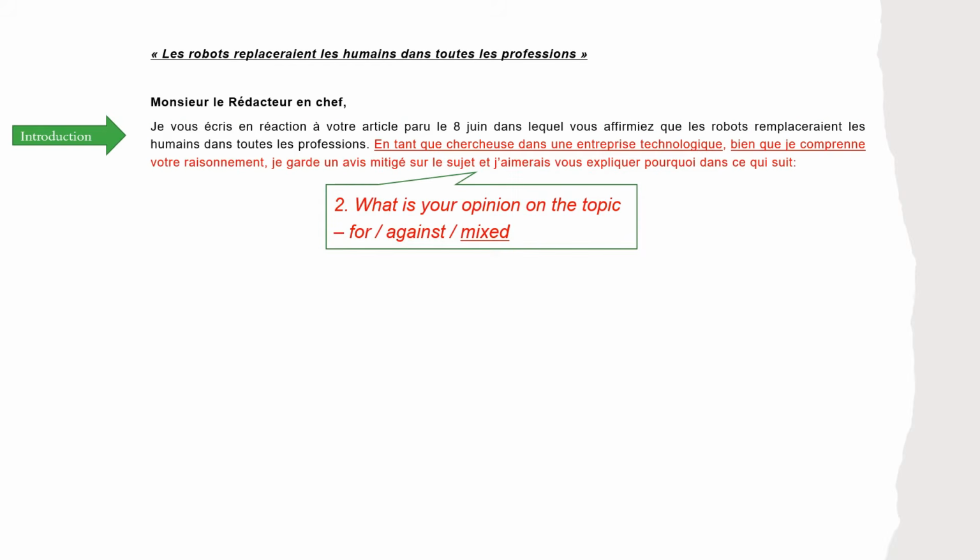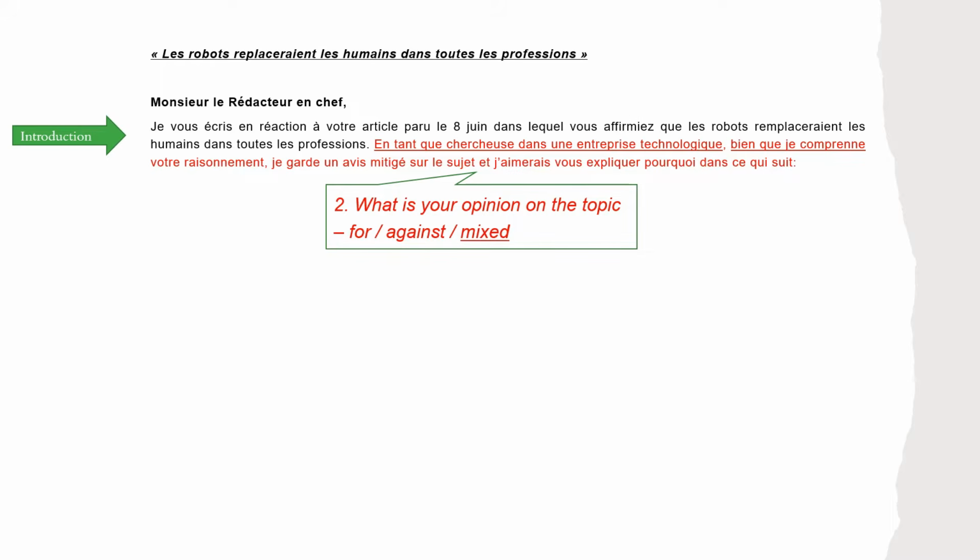Now in the next line, we have to talk about what is your opinion on the topic. So I'm saying, as a researcher in one technology company. So this is the personal element that I've added to the second line, which would help me to make my introduction unique from other people. Then I'm saying, while I understand your reasoning, I have a mixed opinion on the subject, and I would like to explain why in the following.